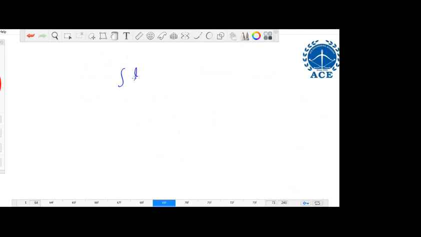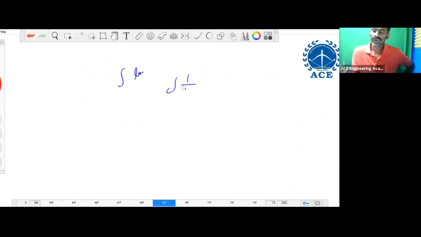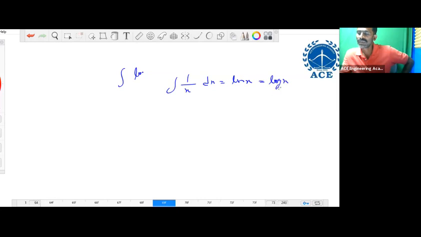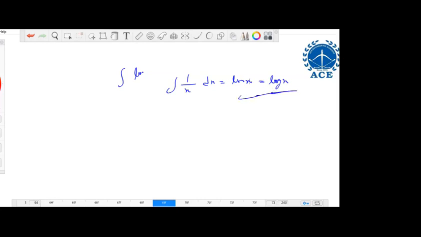Suppose I write the integral of 1 by x dx, it is ln x by default, but usually we write log. Base is not mentioned means it should be ln only. Okay, sir. Thank you, sir.